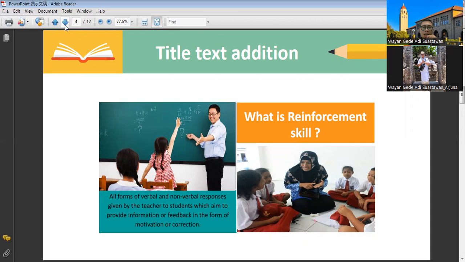So when we see the definition from the statement, we can conclude that reinforcement is not only about motivation, but it can also be in the form of correction.